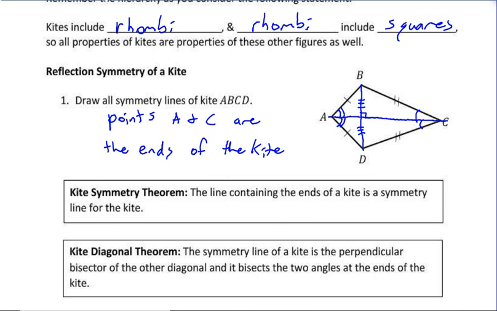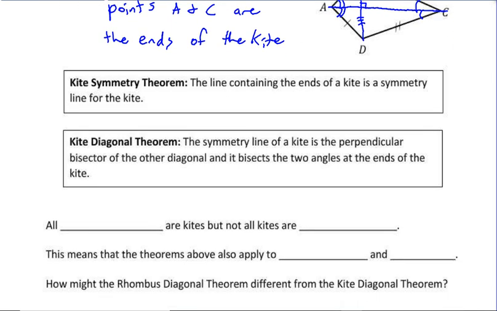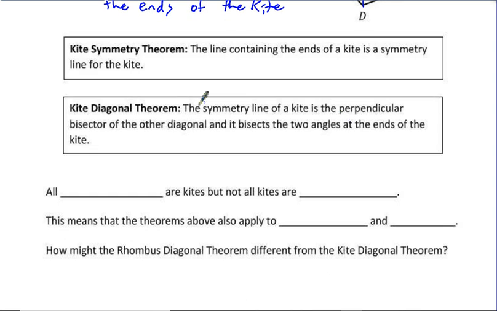Again, thinking back to the hierarchy, all rhombi are kites, but not all kites are rhombi. Because the quadrilaterals listed in that hierarchy, everything above that shape applies to that shape as well. But the things that apply below do not necessarily apply above.